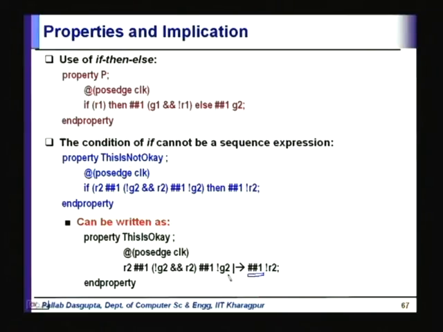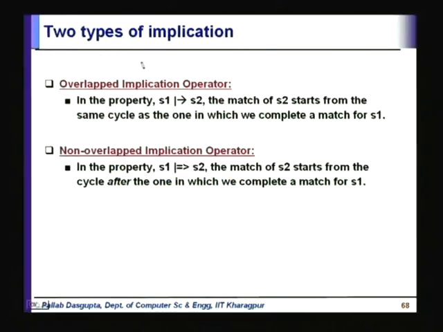So, if this expression matches at some time t, then it will match not R2 at t plus 1 because of this hash 1. If we did not give this hash 1, it would have tried to match not R2 in the same cycle as the antecedent had matched. So, if the antecedent had matched at time t, it would have tried to match not R2 at the same time t, right. That is the semantics of the overlapped implication operator.